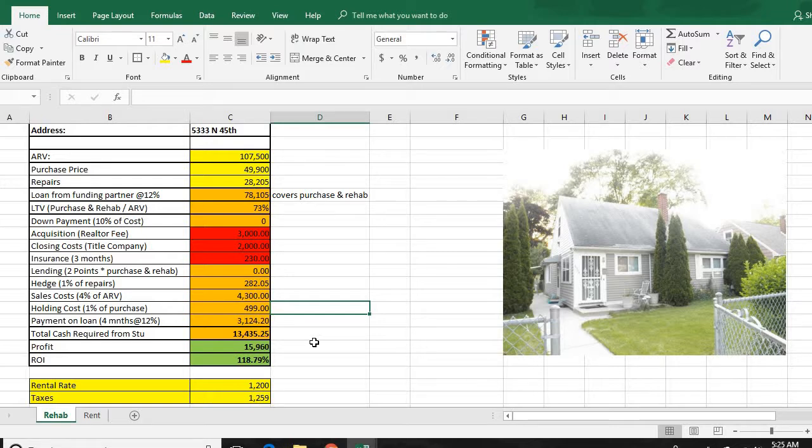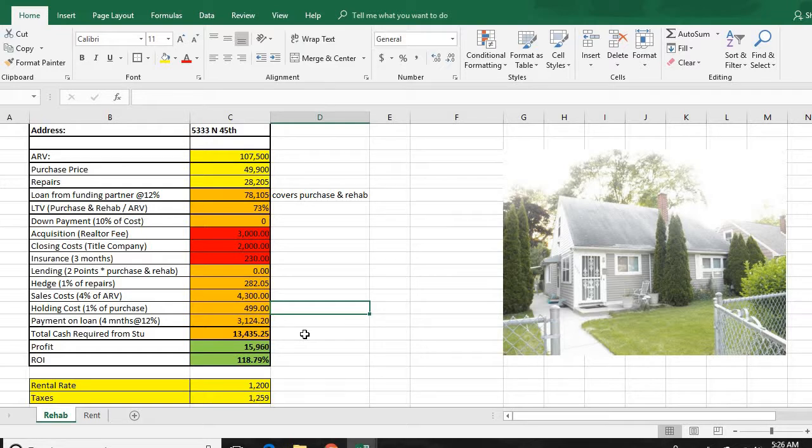And then payment on the loan. So we estimate that our rehabs take about 4 months from start to finish. So the $78,000 loan, we're going to have to pay the interest on, and so annualize that, and then 4 months of that will be about $3,100 that we'd have to pay the lender back. So we include that into our costs.